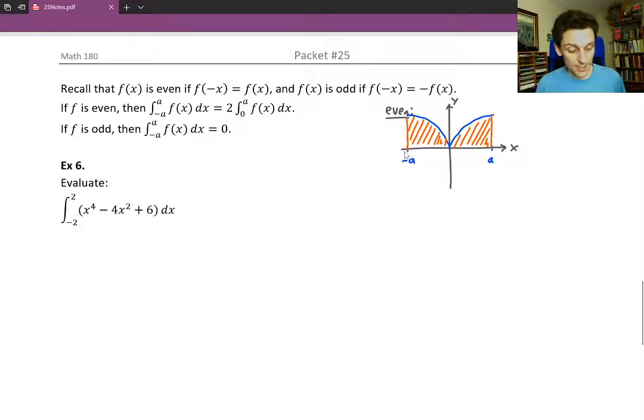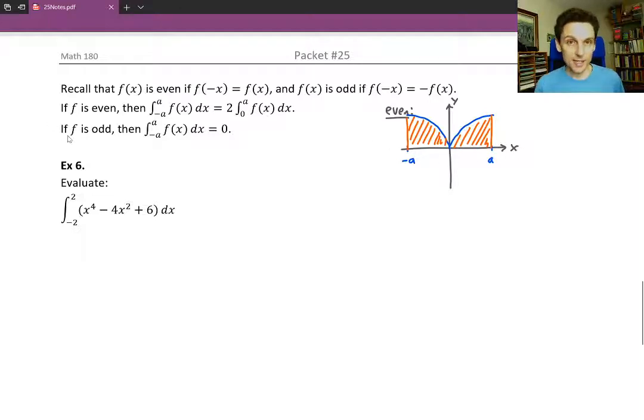So what you could do is, instead of finding the area under the curve from negative a to a, you can instead find the area under the curve from 0 to a and then multiply your area by 2 to get the full area from negative a to a. And that's exactly what this is stating right here. If f is even, then the area under the curve from negative a to a is just twice the area from 0 to a.